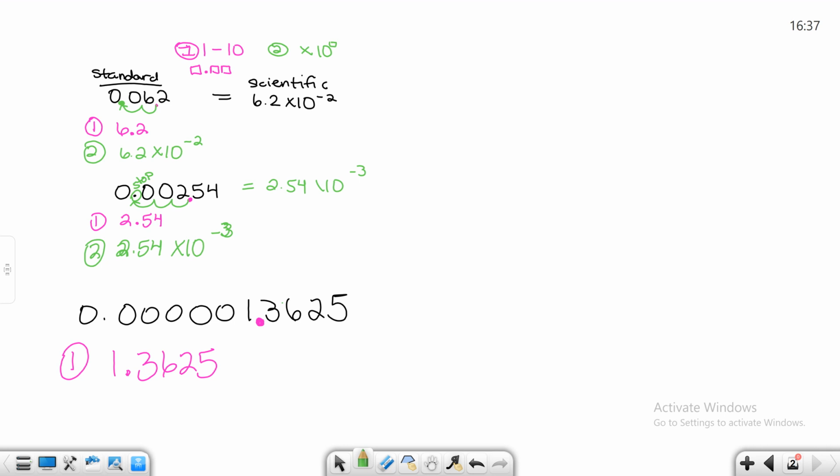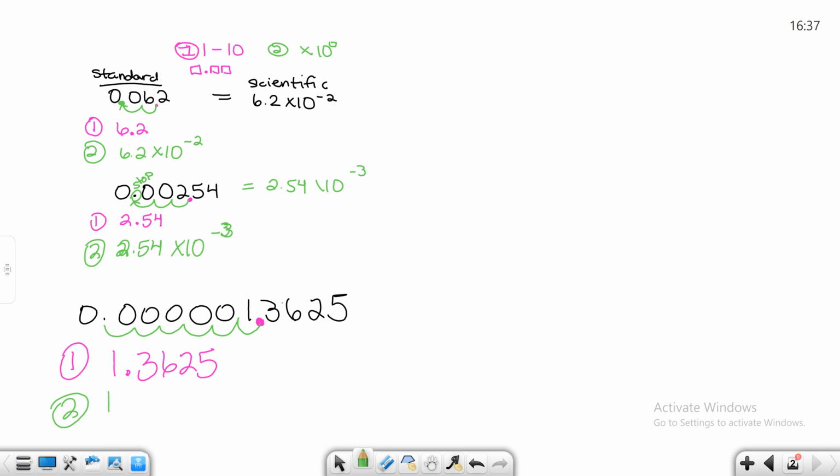And my second step is to count the place values. Again, we are not counting zeros in between. We are counting place values. 1, 2, 3, 4, 5, and 6. So this is a -6.